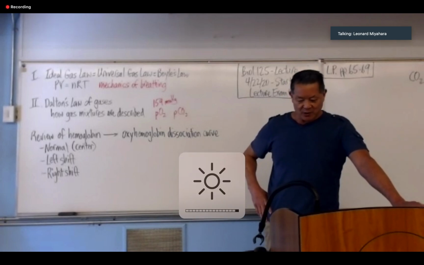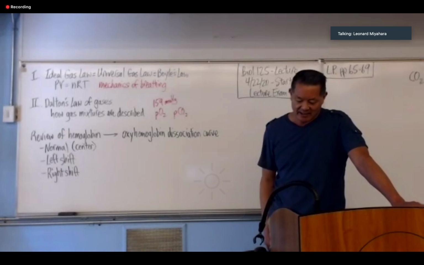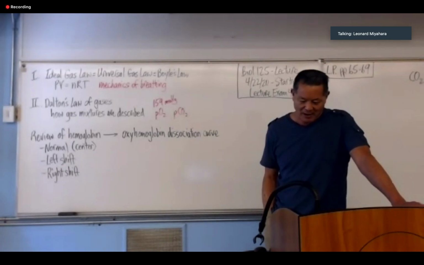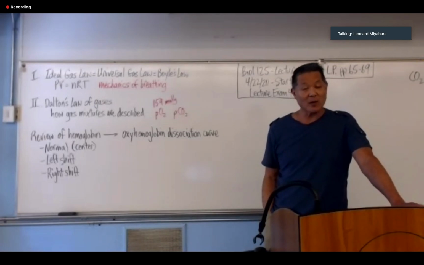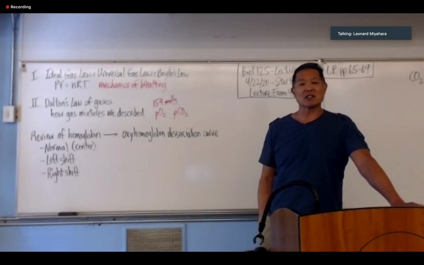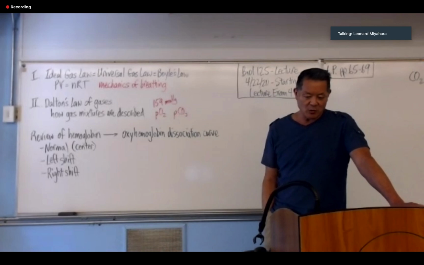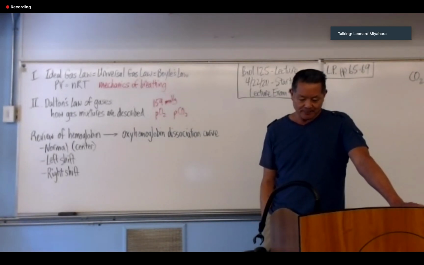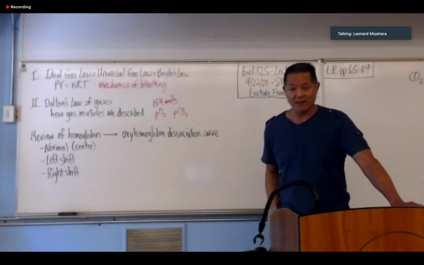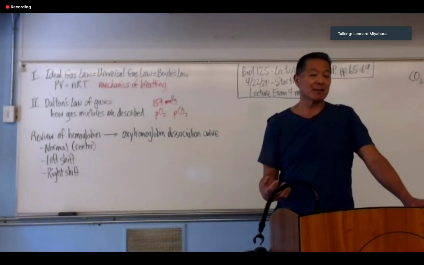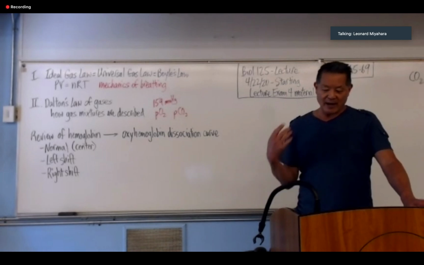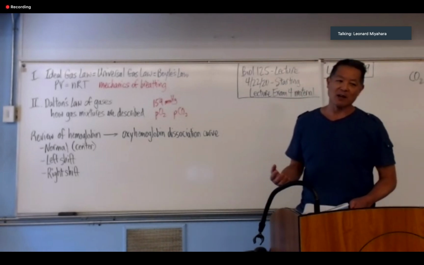Heme group number 2 has the second highest affinity for oxygen. At about 40, it loads with oxygen. But heme groups 3 and 4, even with that oxygen, it's not loading. And heme group number 4 on the very top right has the lowest affinity for oxygen because you've got to get all the way up to 100 millimeters of mercury for that last and fourth heme group to load.